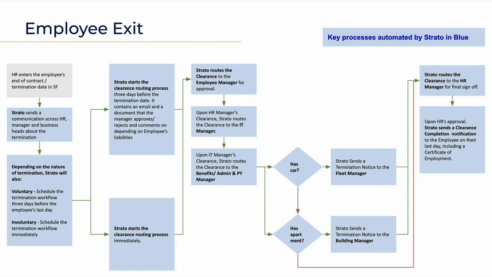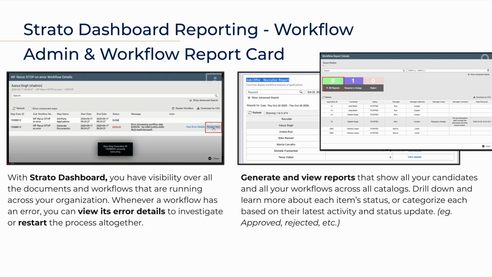And once it's done, you can then generate a clearance completion notification to the employee, or clearance certificates. And of course, that's the time you might also want to release the last pay of the employee. So we do have a lot of ideas for workflows, but I leave that to all of you to think of what you can do with the workflow engine.